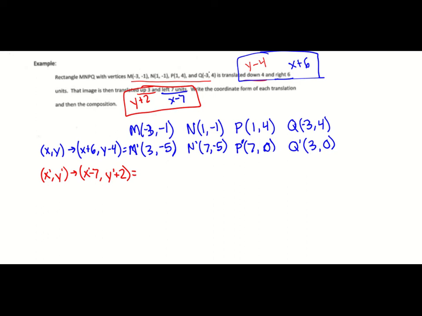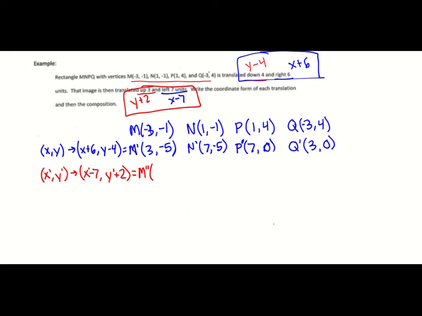Okay, so now when I start with my M prime, I'm going to subtract 7. So since we've already used prime, my next step is going to be M double prime. 2 prime symbols. That's how we read that. M double prime.